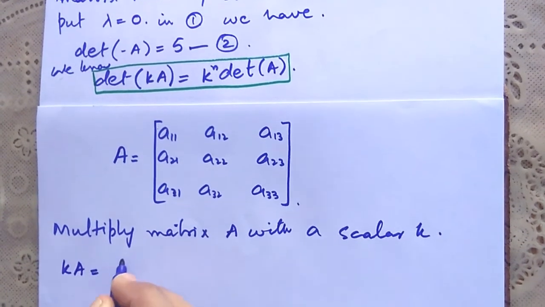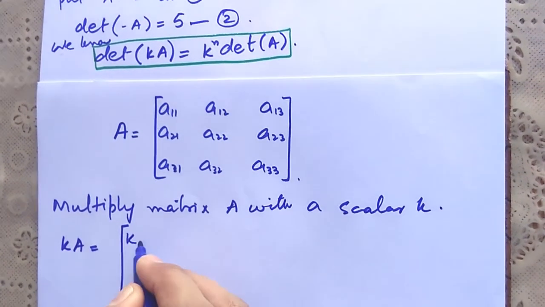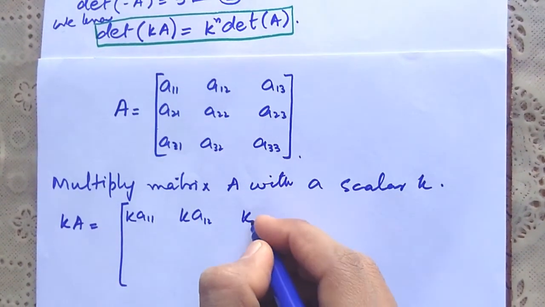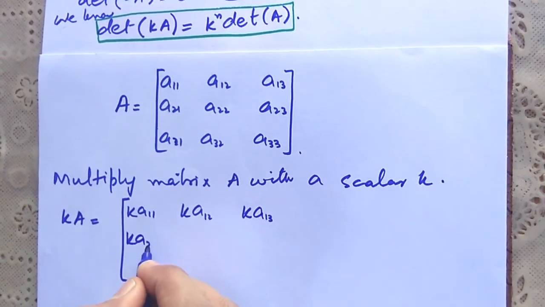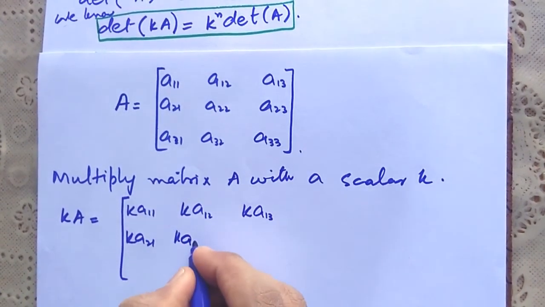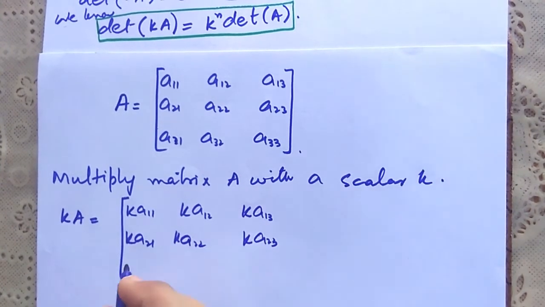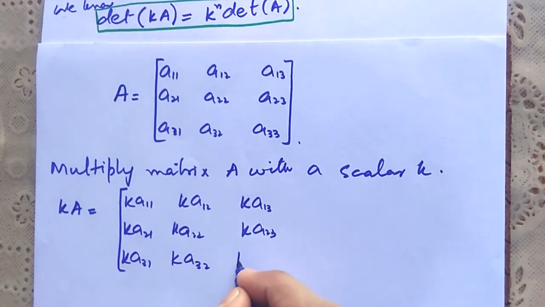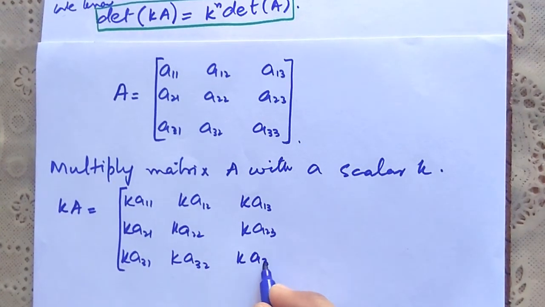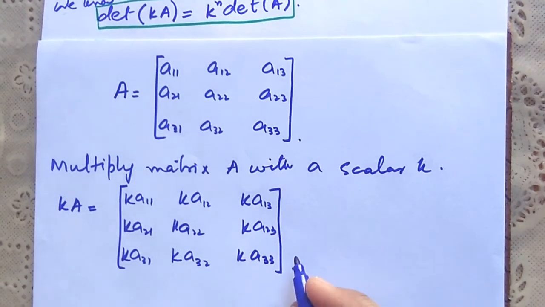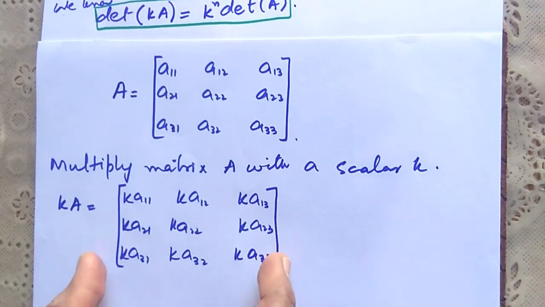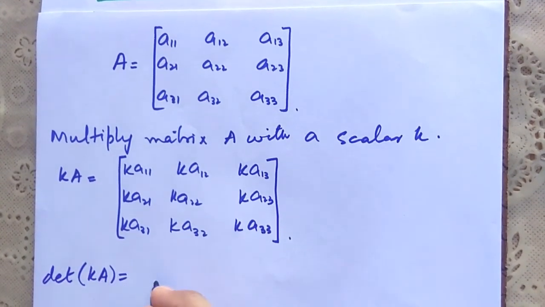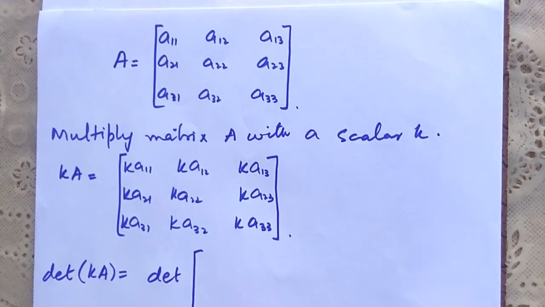Then k times A is equal to k times A11, k times A12, k times A13, k times A21, k times A22, k times A23, k times A31, k times A32 and k times A33. Now let me find the determinant of this matrix k times A. Again we write this matrix.